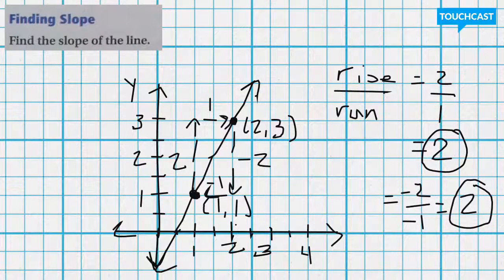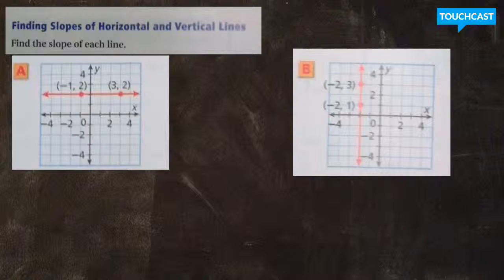Let's move on. So let's look at the slopes of horizontal and vertical lines. Well, in our horizontal line in example A, there is no rise. So our rise is 0.